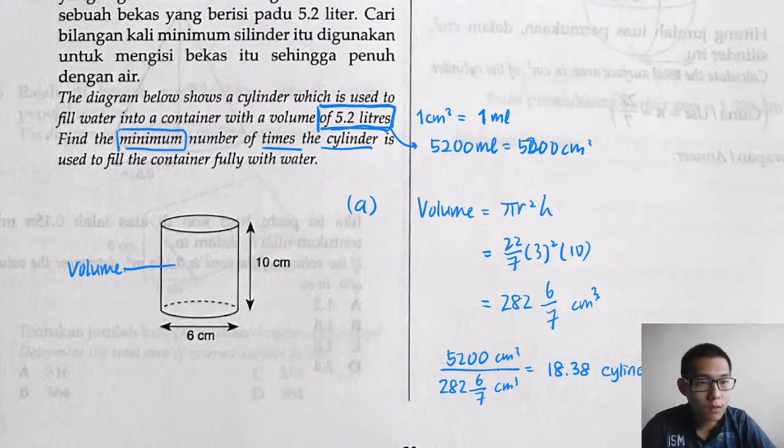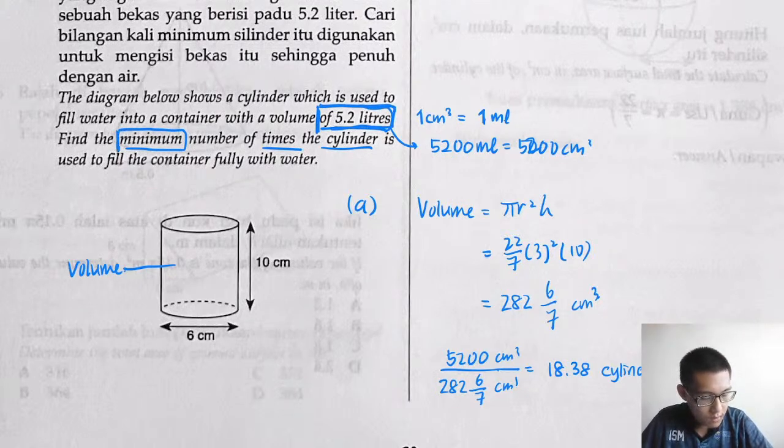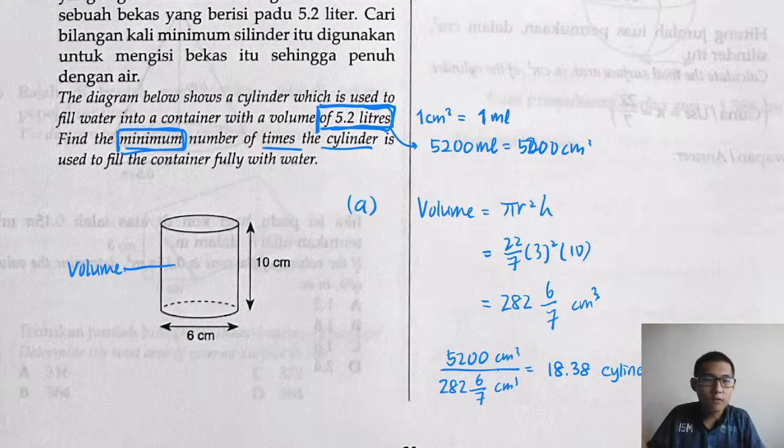The diagram below shows a cylinder used to fill a water container. So to fill the container fully with water, that means how many cylinders, how many cups, we have. We need to fill up the container until full.